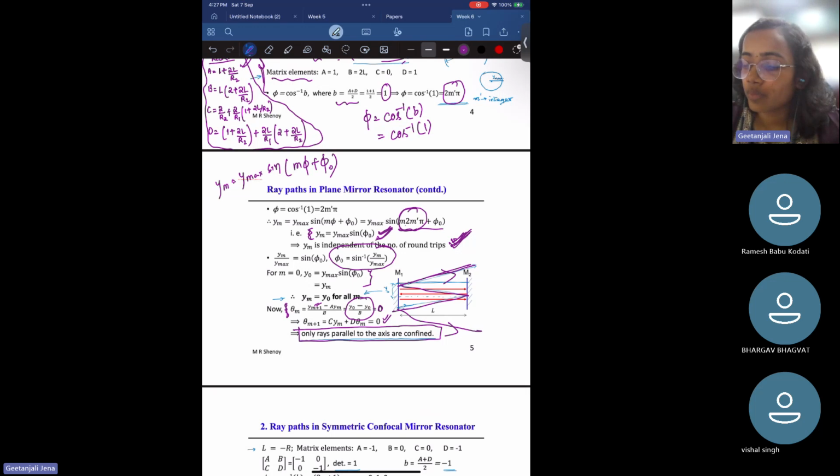And you have to remember how to calculate phi. Phi is calculated from the b value, and we derive the value of b from the ray matrix, the ABCD matrix, where b is A plus D by 2. Only this much is enough to solve any problem.